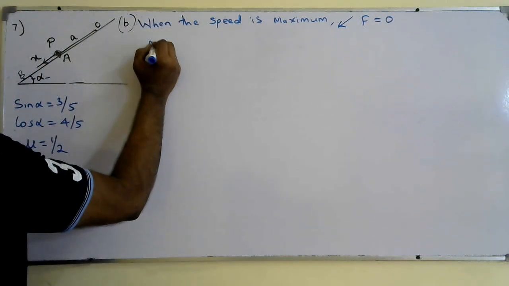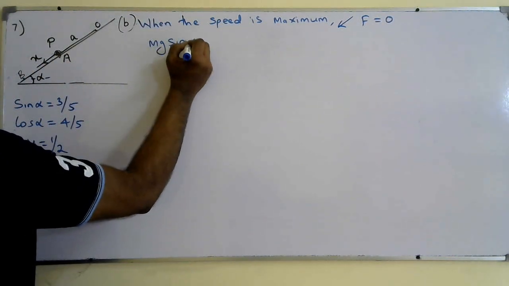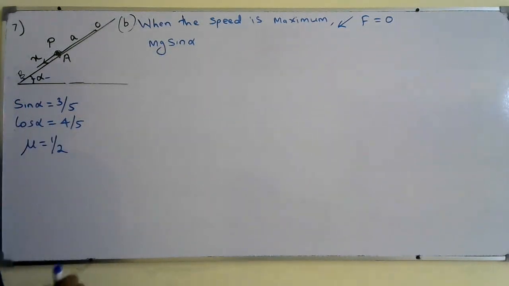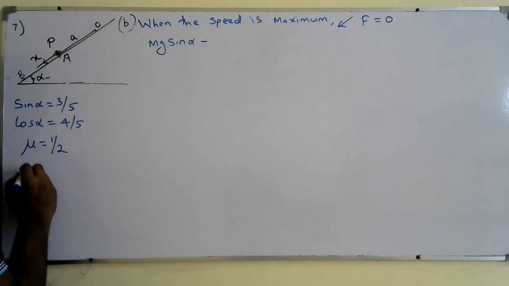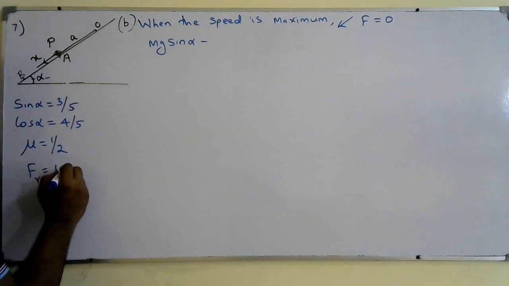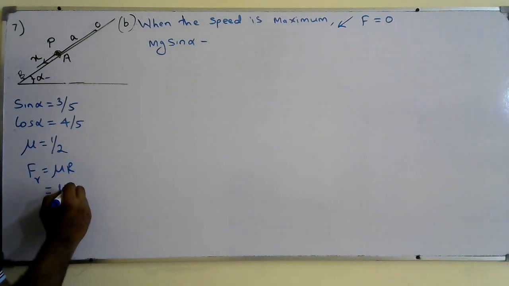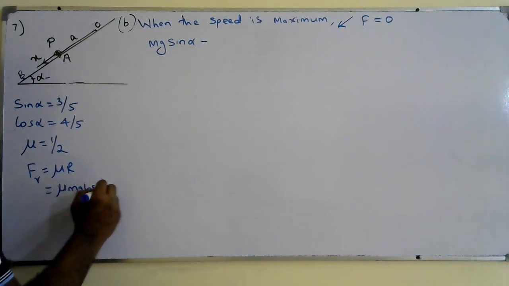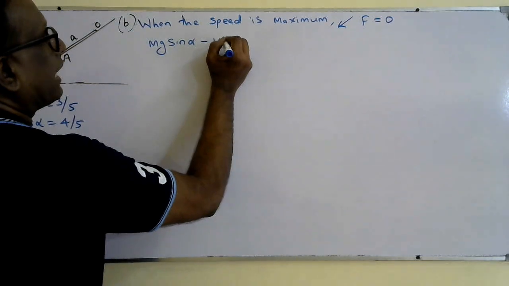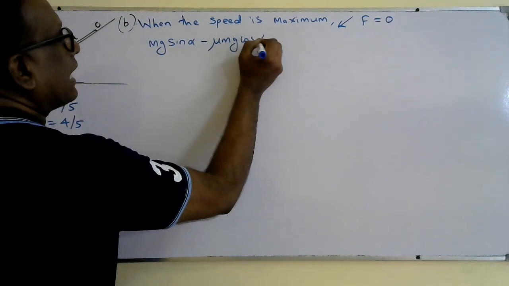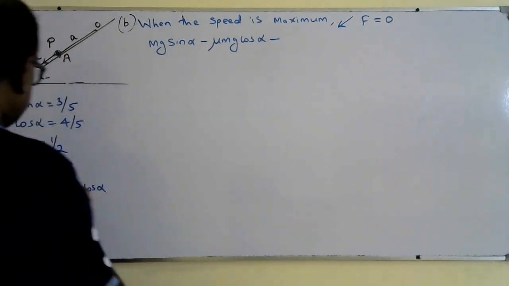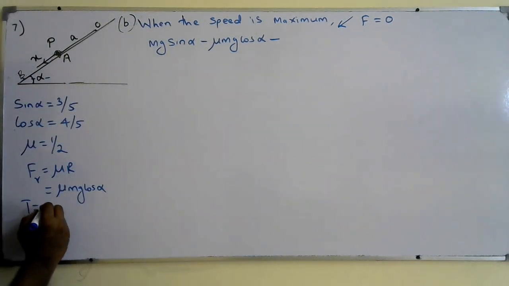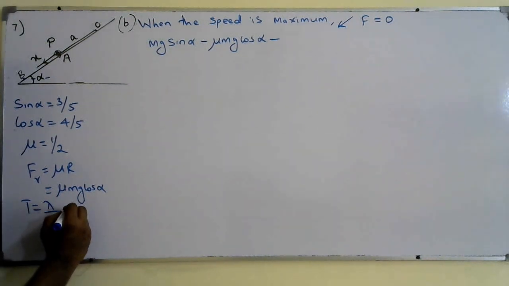That means mg sin alpha minus friction F_r, where friction F_r equals mu R, but R equals mg cos alpha. So minus mu mg cos alpha, minus the tension, which is acting along the plane up. The tension equals lambda over L into x.